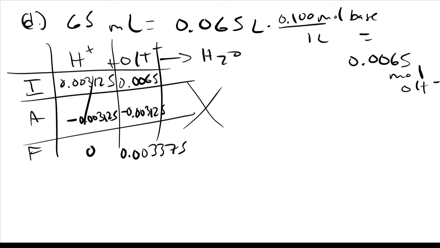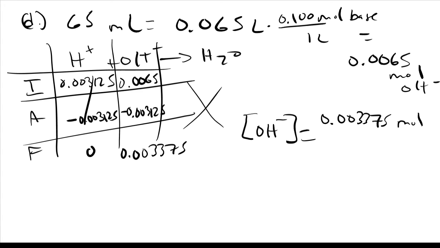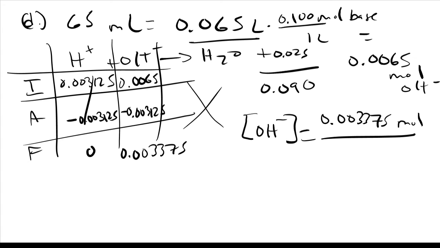Now, therefore, you only have hydroxide. So we have to find the concentration of hydroxide divided by the total volume. In this case, 0.065 plus 0.025 gives us 0.09 liters. So we're going to divide that by 0.09 liters.